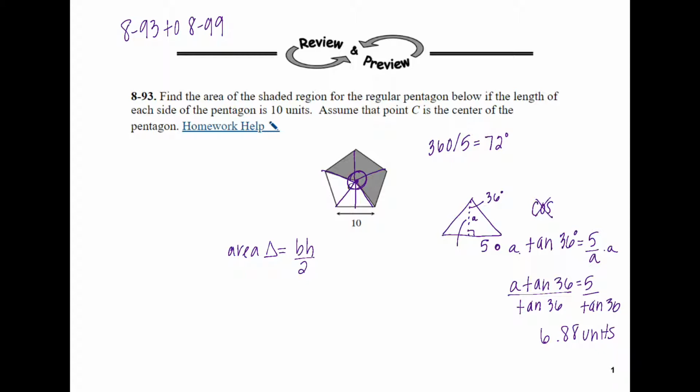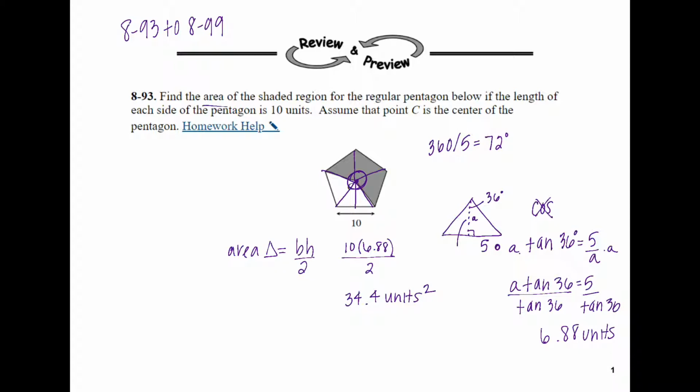So to find the area of my triangle, my formula is base times height divided by 2. If I plug in my base of 10, my height that I just found of 6.88, multiply that and divide by 2, 68.8 divided by 2 gives me an area of 34.4 units squared.